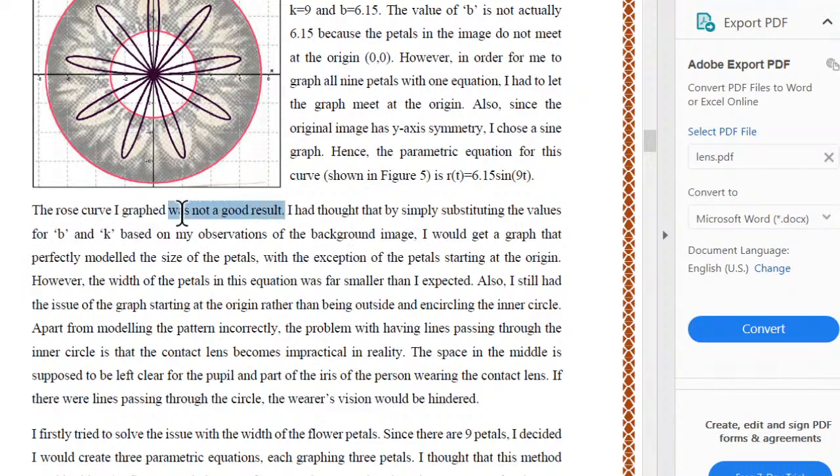Okay, this is reflection. I thought that by simply substituting, all the size petals... yeah, we all wish that you just try something and it works. Better than expected. Right. So this is about identifying a surprise element.